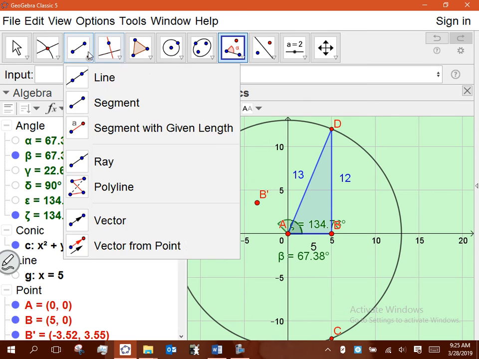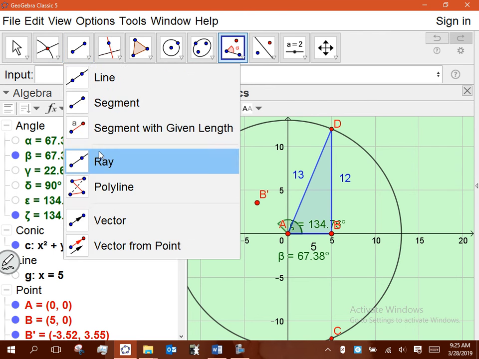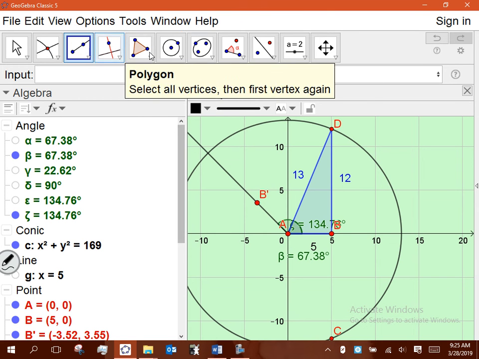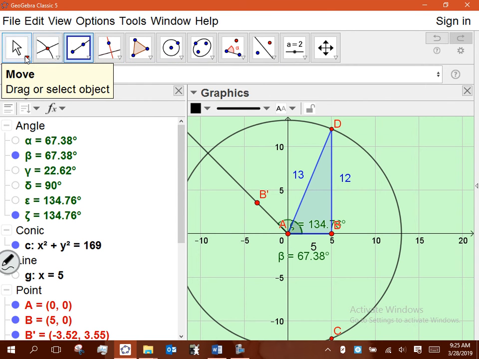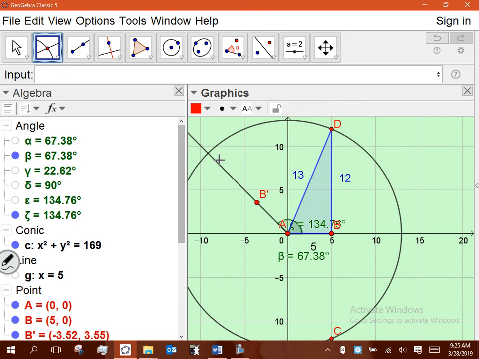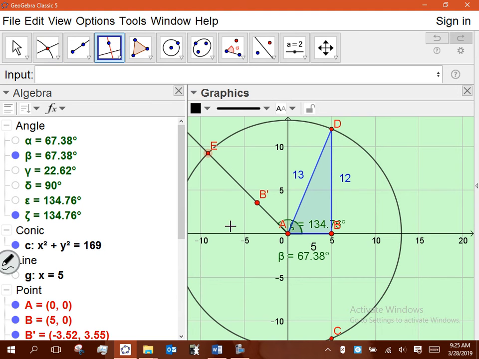And now the angle that's tracing out, let's see here, the ray. Intersect that with that. Let's go perpendicular from there to there.